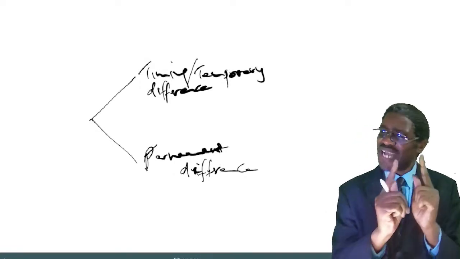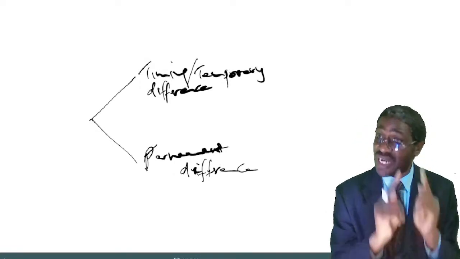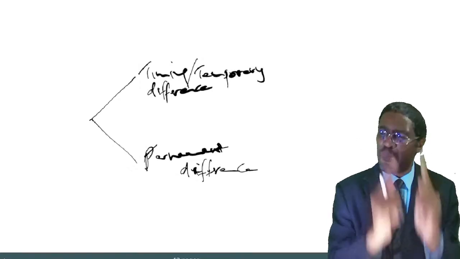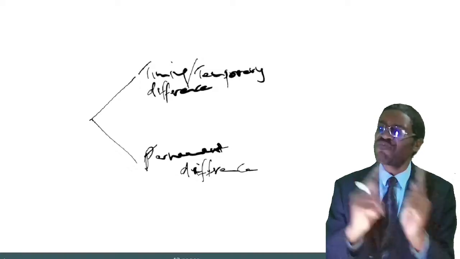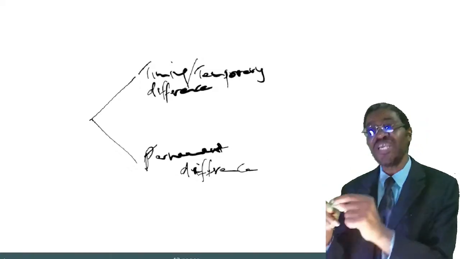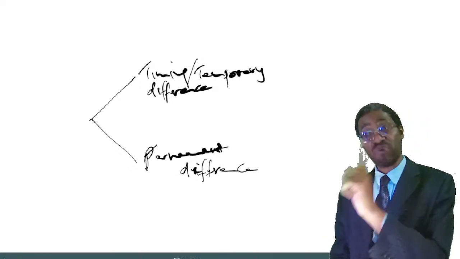Meaning, it's an item that is recognized in the income statement in one period. And it is that period which is different from the period in which it will be recognized for tax purposes.